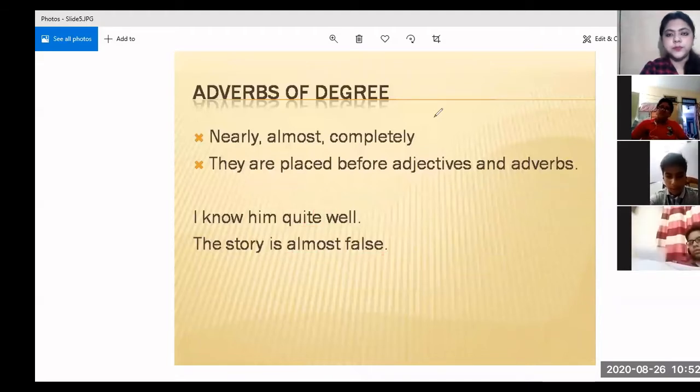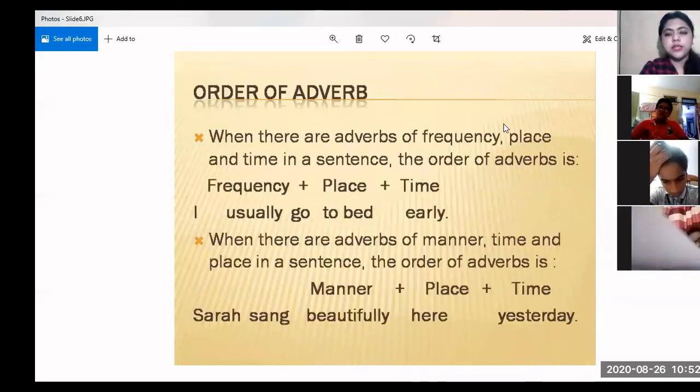Next is the order of adverbs when there is more than one adverb present. What do we do?